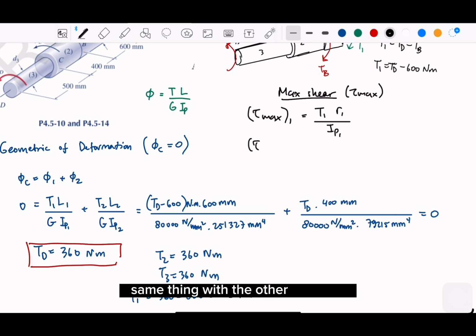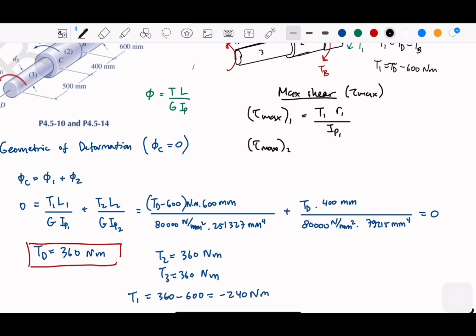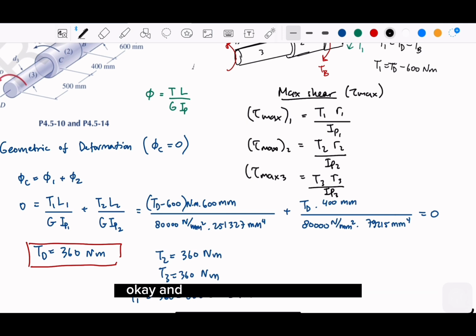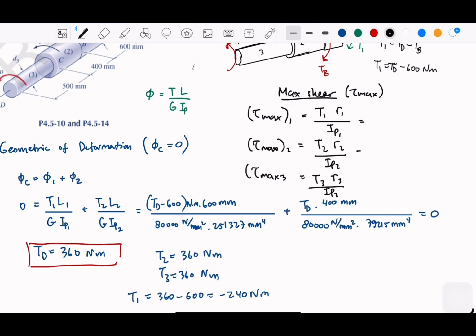The same thing with the other segment. Okay, and then you can just calculate and you will get the answer.